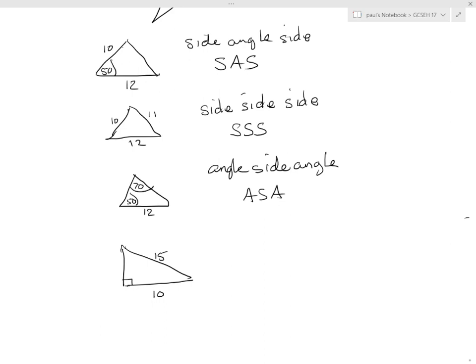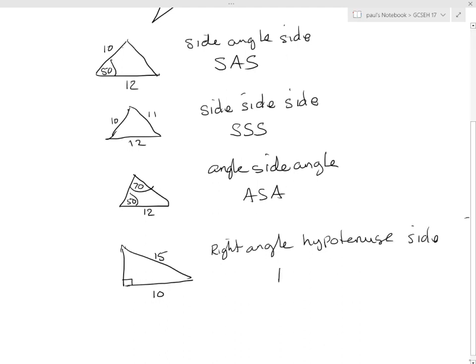And this is called right angle, hypotenuse, and side, or RHS. There you go.